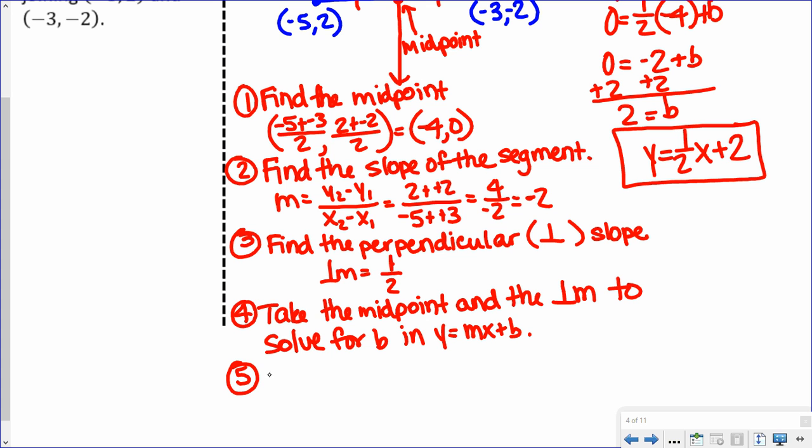Then step 5, get the equation. Once you solve for b, then you've got the slope and you've got the b, so you can plug it in to write the equation.